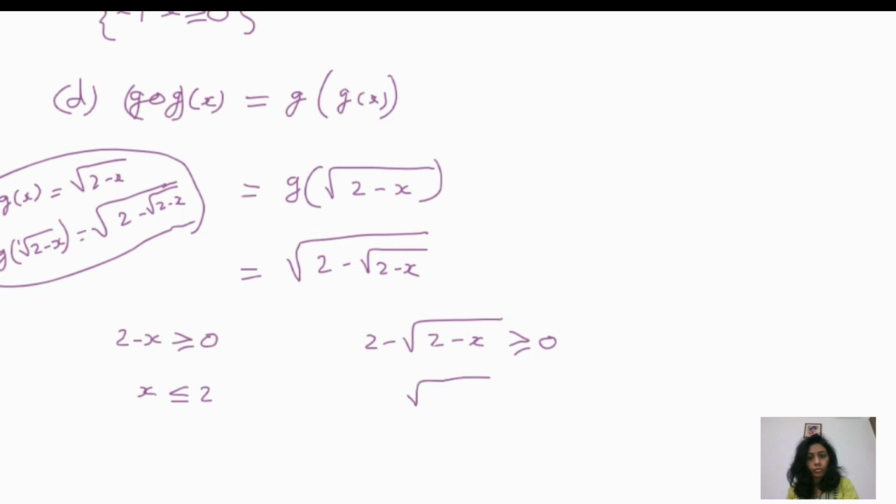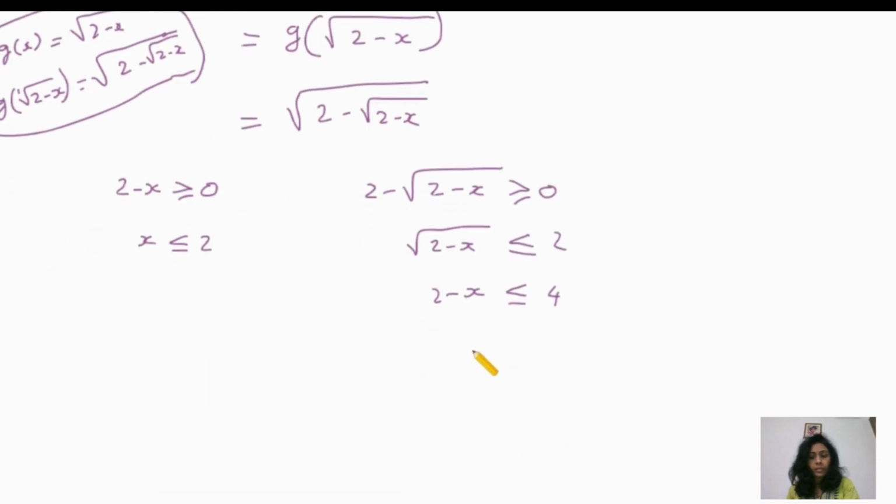So here square root of 2 minus x is less than or equal to 2. Okay. Now we are taking the square of both sides. So 2 minus x is less than or equal to 4, so minus x is less than or equal to 4 minus 2, that is 2. So x is greater than or equal to minus 2.